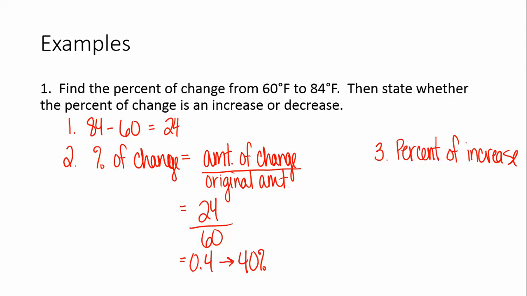So first we need to find the amount of change. Then in step 2, we'll use the amount of change over the original amount to find the percent of change. And then step 3, we have to determine whether it's percent of increase or percent of decrease.